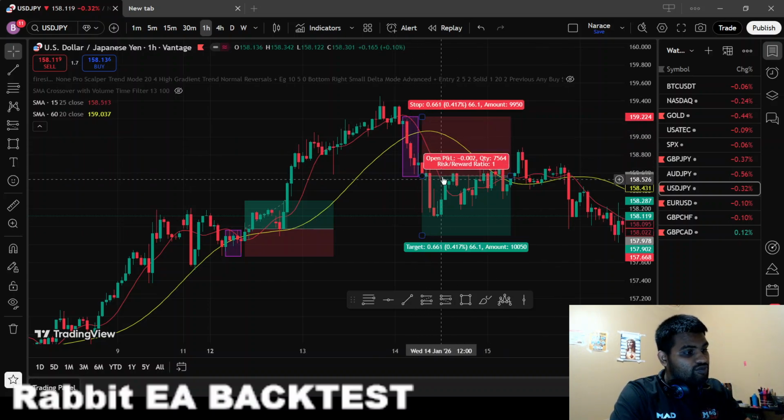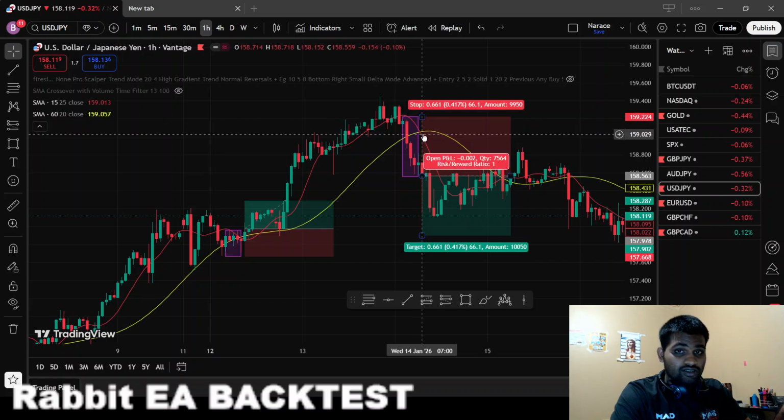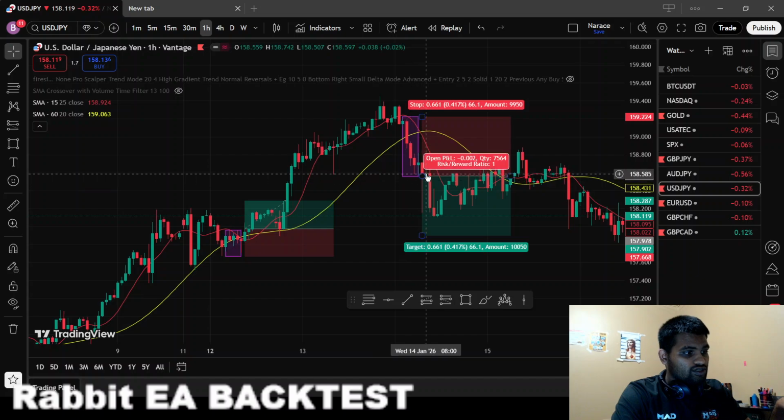So here we have the moving averages cross, and price closes. 5 candle look back, range high, range low. Next candle, we look for a selling opportunity because we're looking at sells.